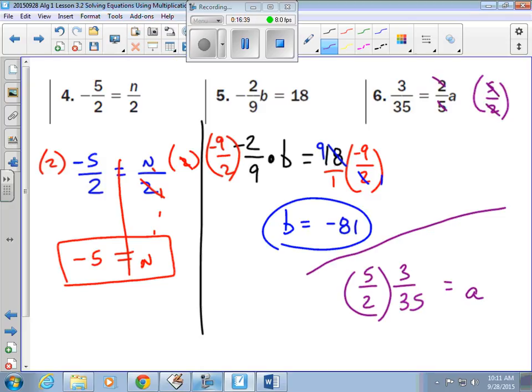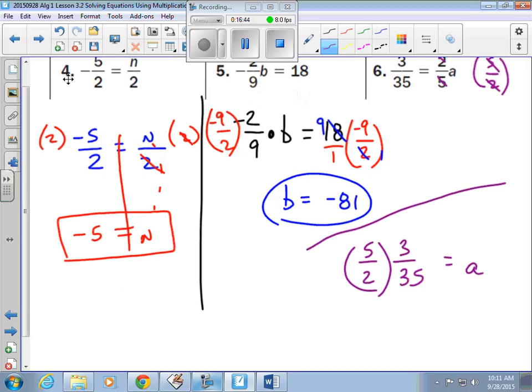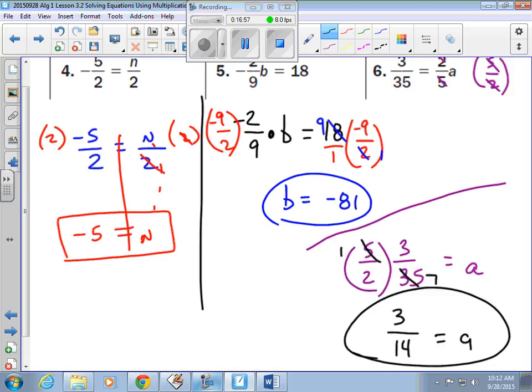The number 5 goes into both of these numbers, gives us very much smaller numbers to deal with. It goes into itself once and into 35 7 times. 1 times 3 is 3. 2 times 7 is 14. A's value is 3 over 14.